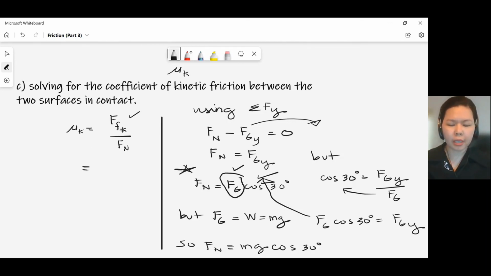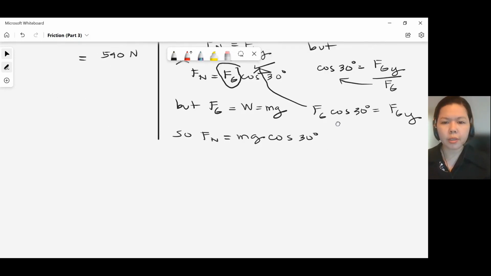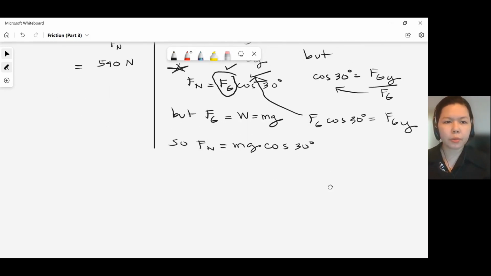FFK, the one we obtained in letter B, the value of that is 540 newtons. And Fn, let's just continue this one so that we can also have a value.